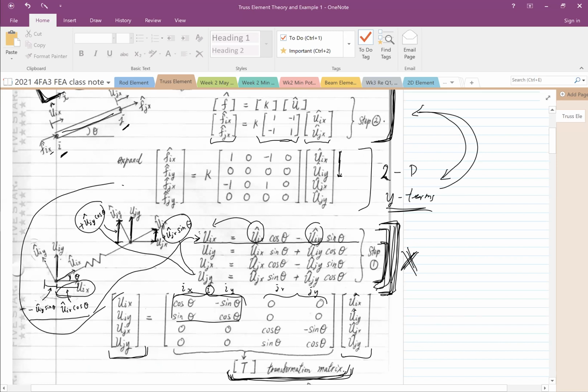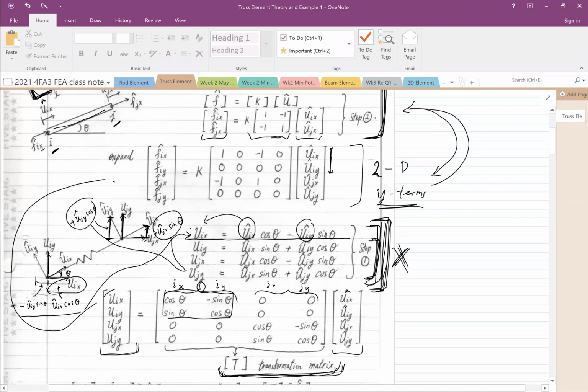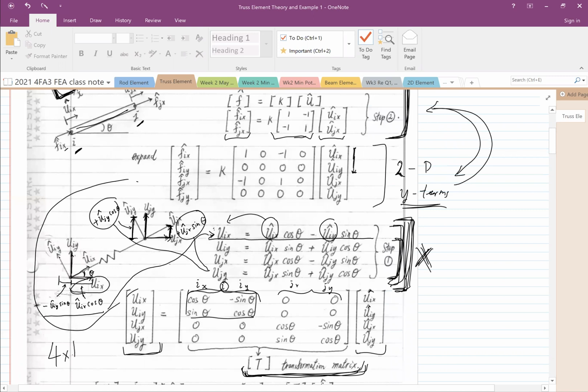So we have to define the movement of each node in 2 directions, X and Y. So that's why the truss element has 4 degrees of freedom, okay? And because the truss element has 4 degrees of freedom, the matrix is also 4 by 4. It's a 4 by 4 stiffness matrix.